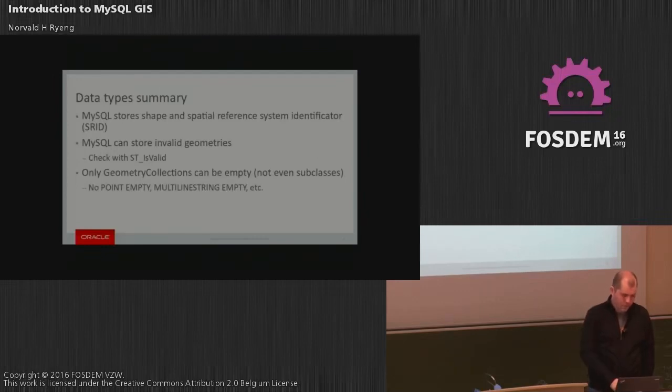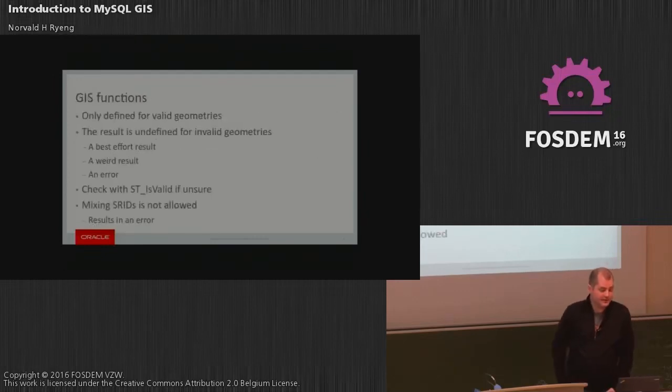Then we have functions. They're only defined for valid geometries. If you try to compute something on invalid geometries and we detect that, we will give you an error message. If we don't, you might get best-effort results, or since our algorithms assume these are valid, you might get a very weird result.